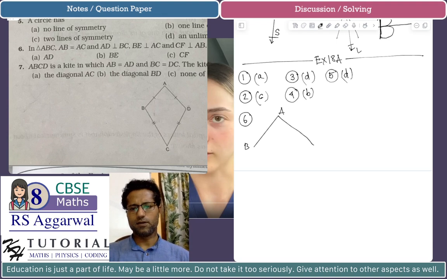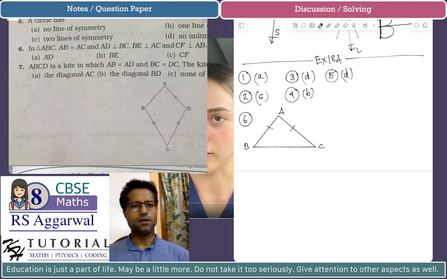So we have this kind of triangle where AB is equal to AC. So these two sides are equal, and AD is perpendicular to BC. There must be a point D on the side BC, and AD is perpendicular to BC, and BE is perpendicular to AC.